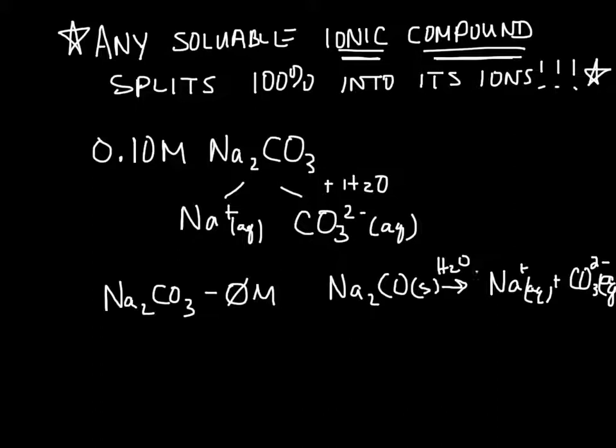And then we need to make sure it's balanced, so we have 2 sodium ions in solution. So what that means for our concentration, if we were going to talk about each ion individually, we would have 0.2 molar sodium ions and 0.1 molar carbonate ions stoichiometrically.